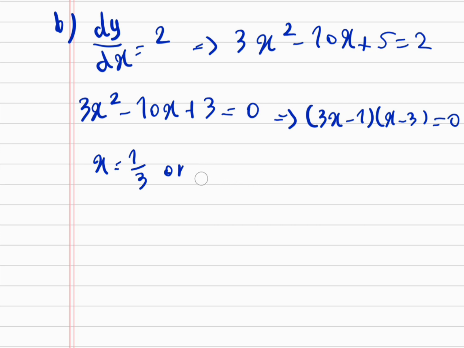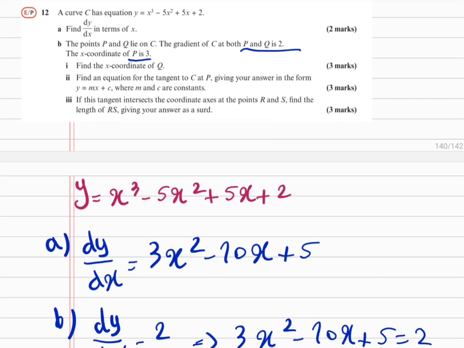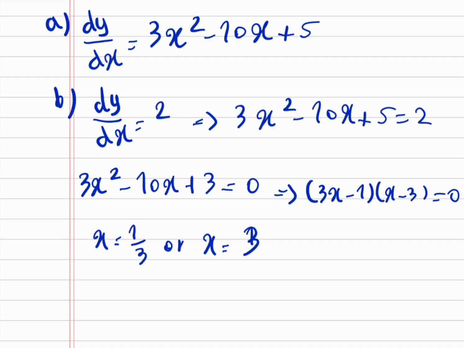So now that we have the two solutions, one is a third and the other one is 3. The interesting thing is that we got two x coordinates, but only one of them is for Q. Remember that earlier we discussed point P, because point P has the same gradient, that's why we have 2 points with the same gradient. So that's why we got two x coordinates.